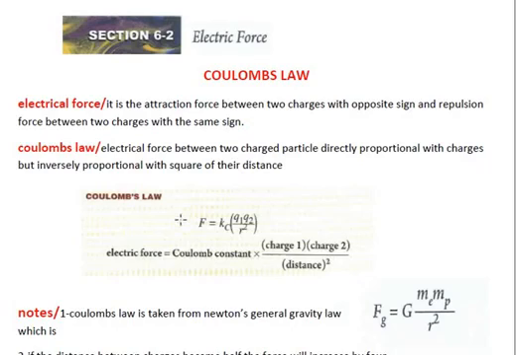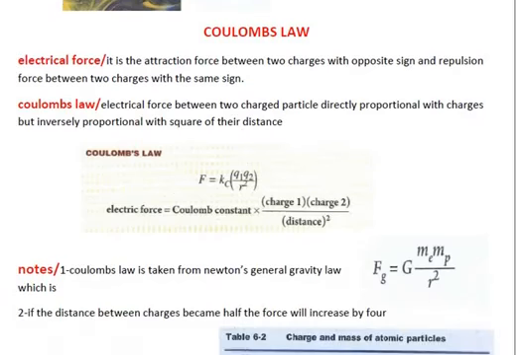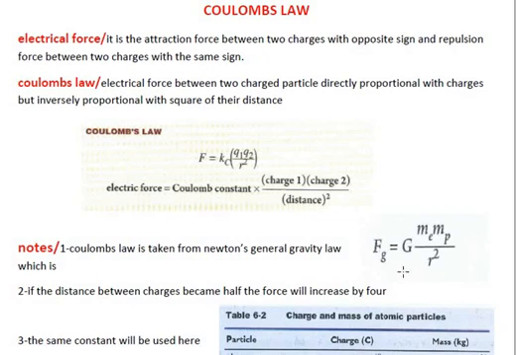But Coulomb got this rule from another scientist. His name was Newton. Here we have the rule. This is called Newton's general gravity law. If you remember, before we took Fg, gravitational force, as m times g, which means mass times gravity. That was Newton's gravity law for one object.